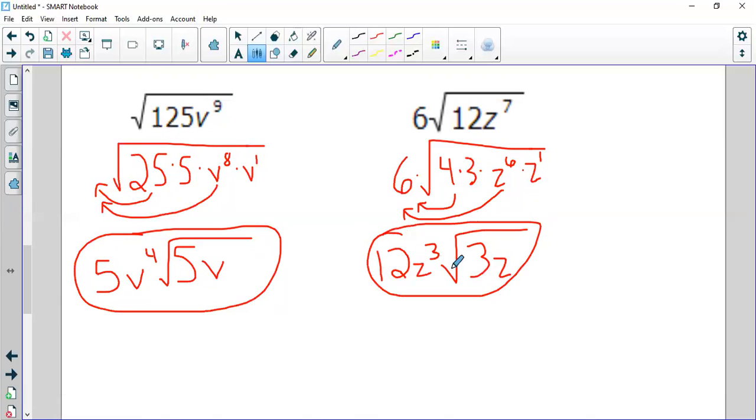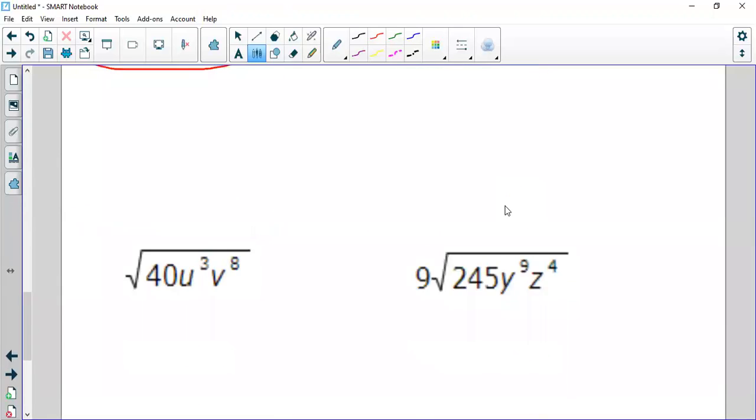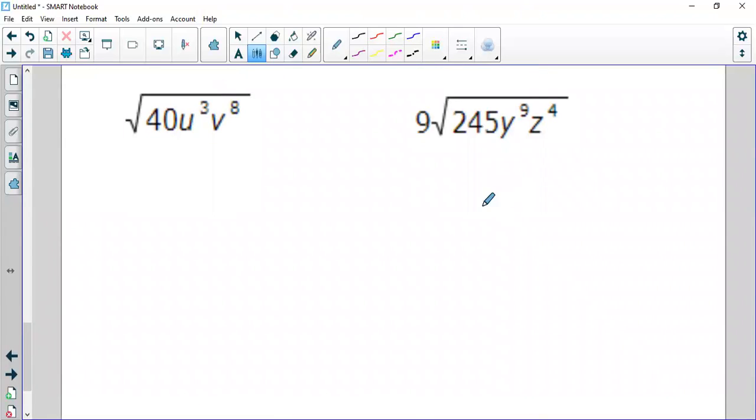Like I said, if you got it yesterday with the numbers, the variables don't add anything tougher. They're pretty easy. Last couple have 2 variables, so just do 1 variable at a time. Square root of 40. Let's see, that's 4 times 10.